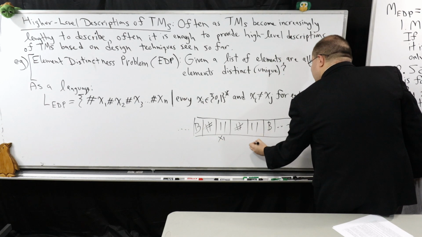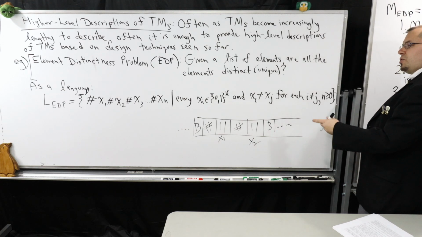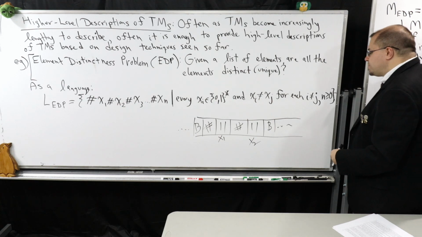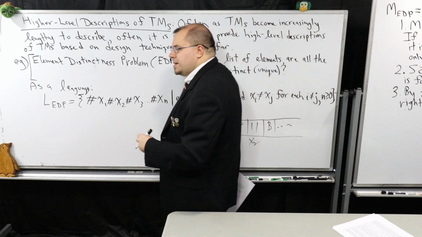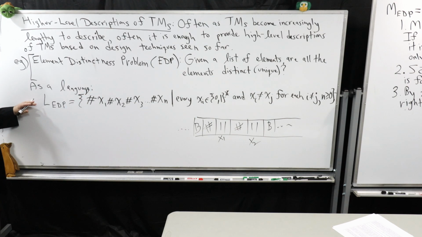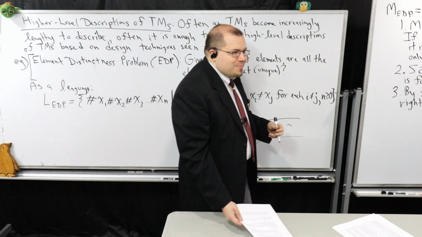Then there's going to be a bunch of cells in here for x2. But suppose I only had 2 elements, for example, here. If I only had 2 elements, it would have a format like this if it sits in this language. So if I'm looking at this, I would like to know if any of the elements are the same.